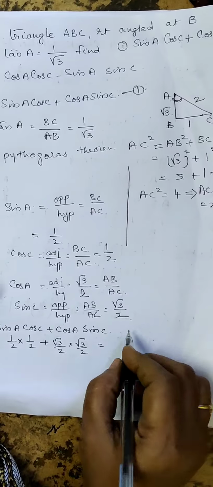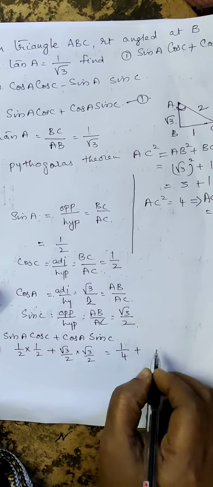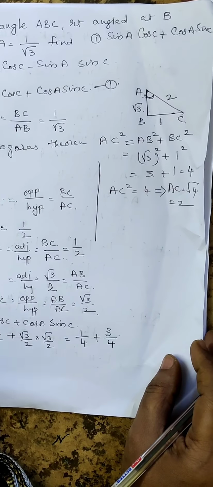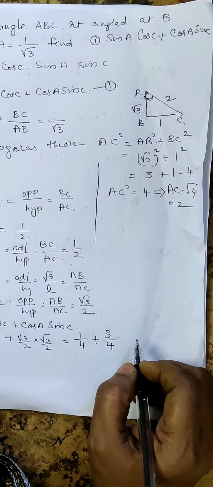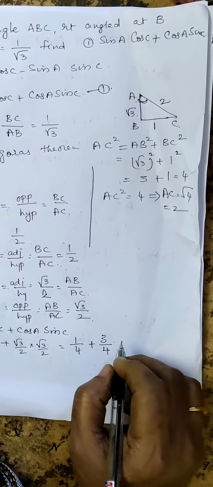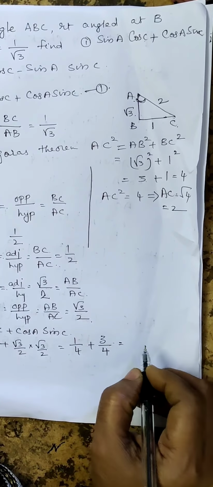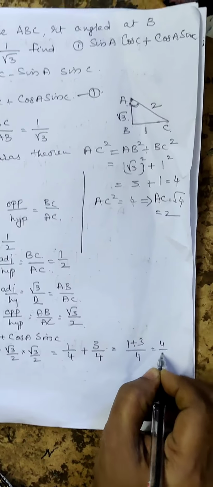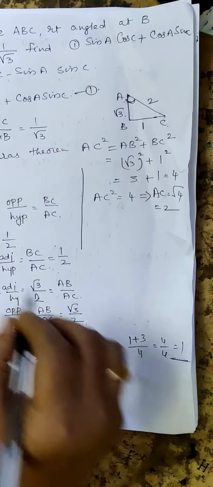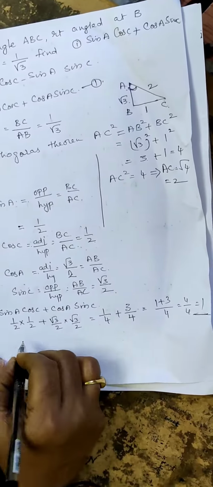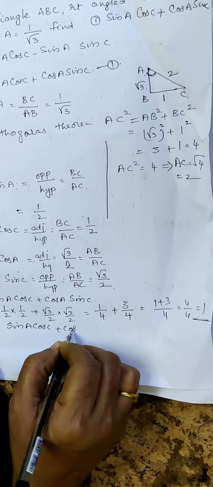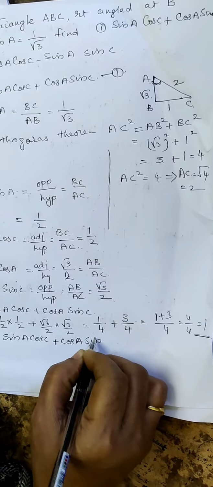So what is the answer? 1 by 4 plus 3 by 4. So 1 by 4 plus 3 by 4 is equal to how much? 1 plus 3 by 4, that is 4 by 4, which is equal to 1. So the answer is sin A cos C plus cos A sin C is equal to 1.